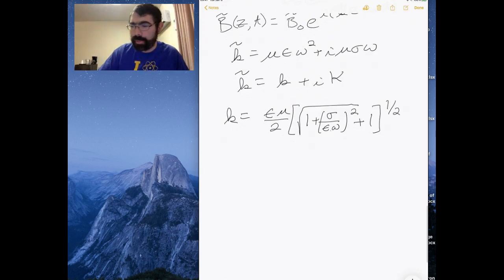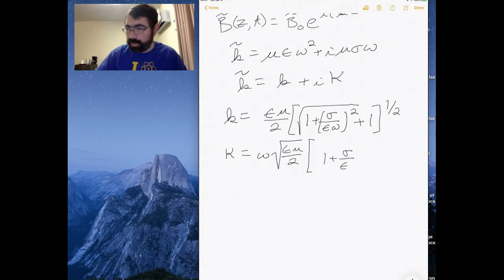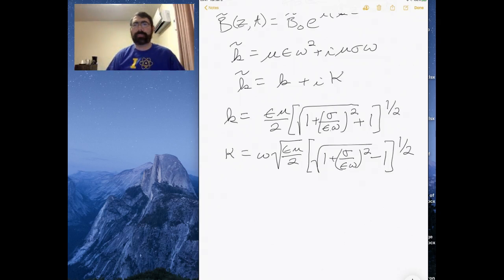And then for kappa, I get omega square root of epsilon mu over 2, times the square root of 1 plus sigma over epsilon omega, quantity squared, minus 1, and then I take the square root of that. So in working our way through this, what you get is some complicated looking equations with square roots inside of square roots.